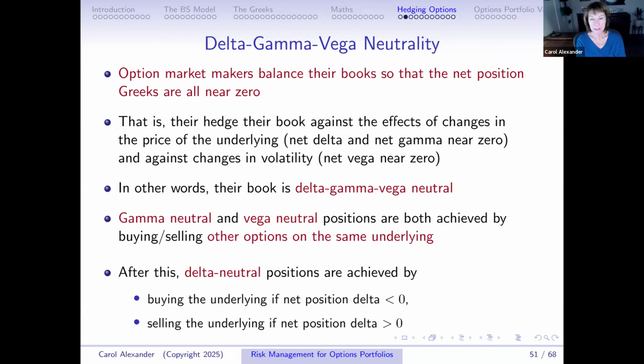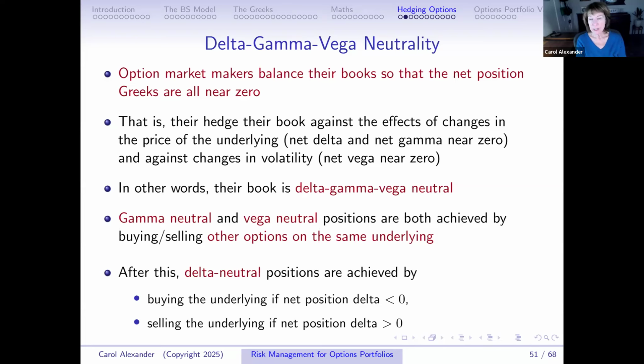Now, gamma neutral and vega neutral positions are achieved by buying and selling other options on the same underlying, as I just said. But then there's a final stage, which is you need to also adjust your position, you've already got one, in the underlying.